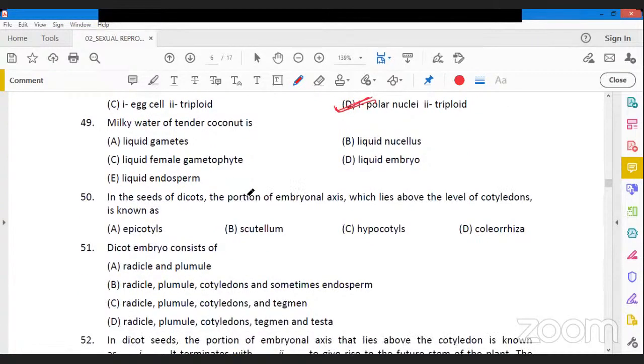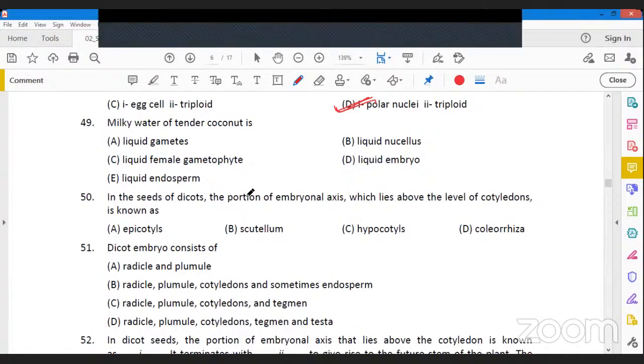Then 49th: milky water of tender coconut is... So now we drink tender coconut water. In that, tell me. So here, the milky water of the tender coconut is not liquid gametes.